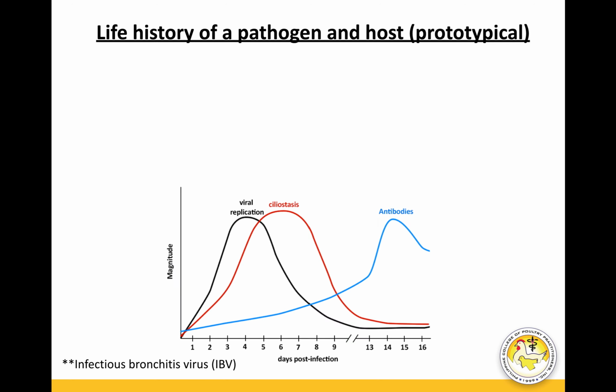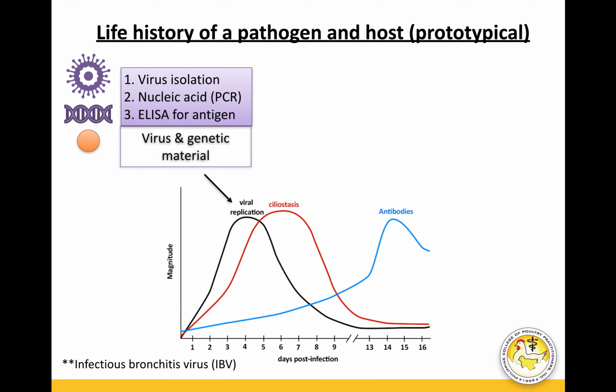Okay, so again, we're using infectious bronchitis as an example, and let's first discuss the first event in that life history, which is the viral replication. So what can we use to detect viral replication? First, there are actually quite a number. We can either isolate the virus, right?